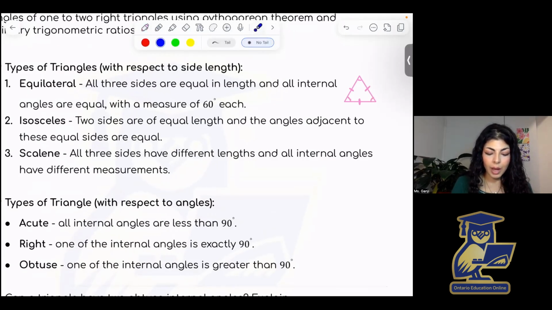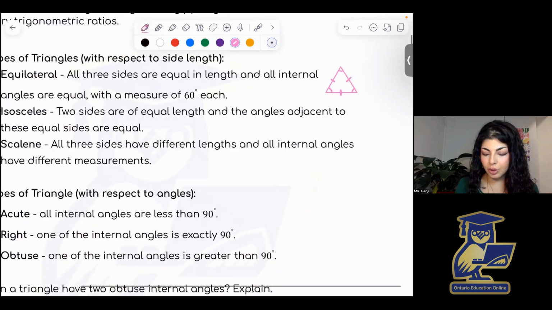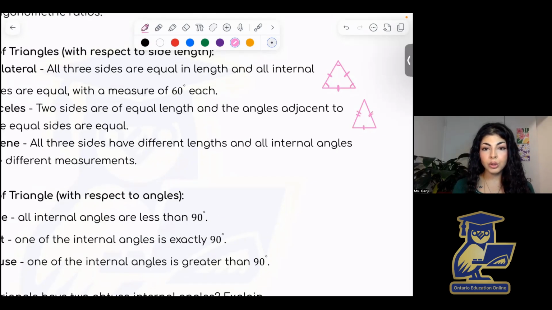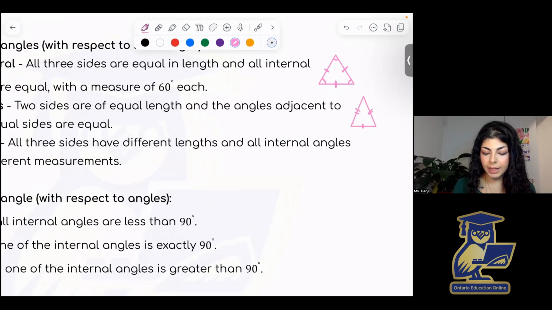Now, we can also have an isosceles triangle, which has two sides that are equal in length, and the angles adjacent to those side lengths are going to be the same. In this case, this side length is not equal to any other side length, but these two are the same. So we show that with the two dashes.